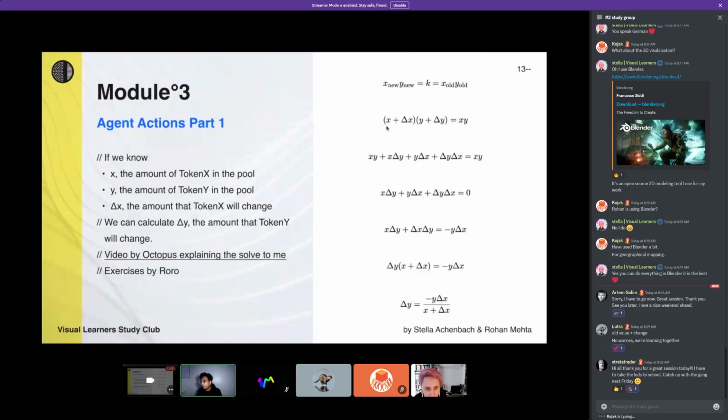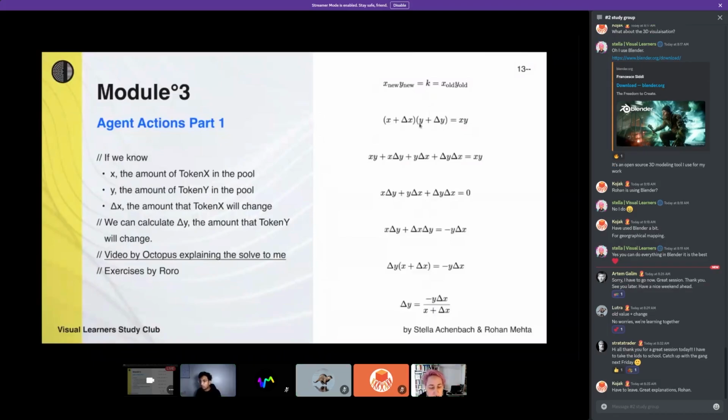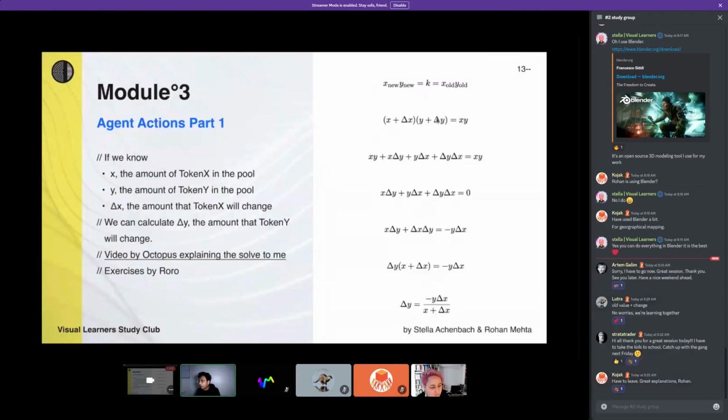But what I would add is, in our question, we know that X was 3 and Y was 300. And Alice changed the amount of Y in the system by 200 is what is told to us. So delta Y will be that amount, 200.